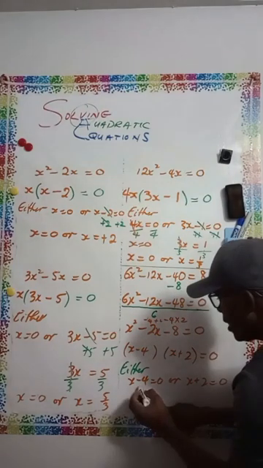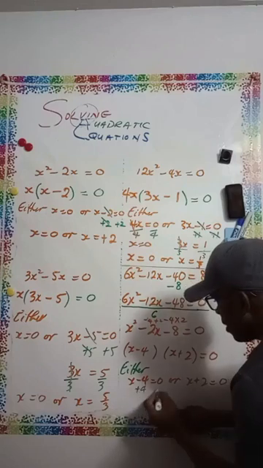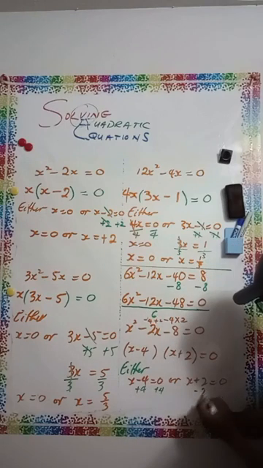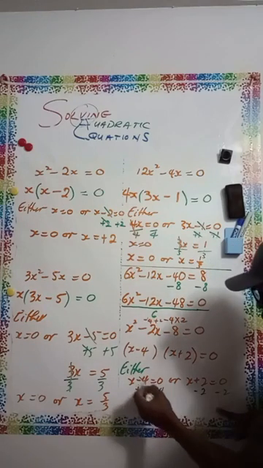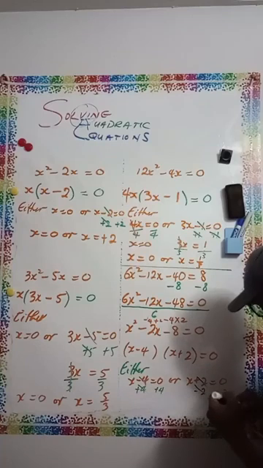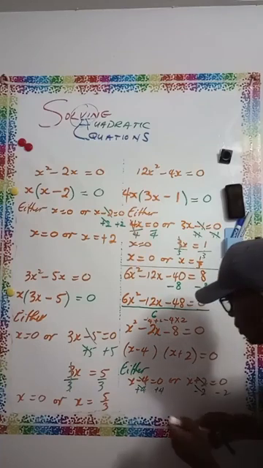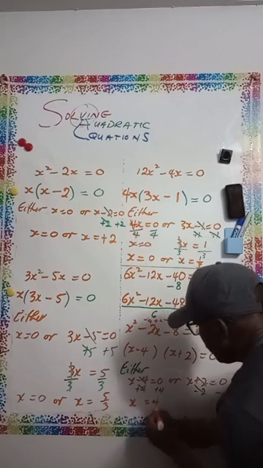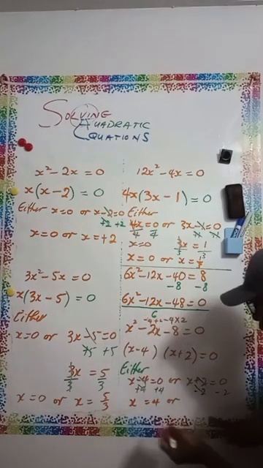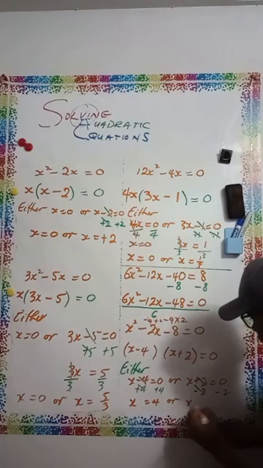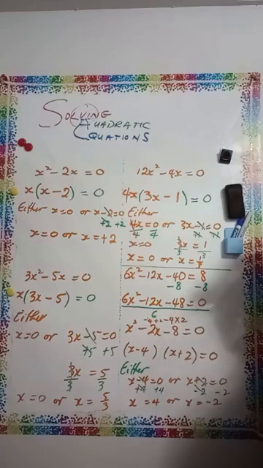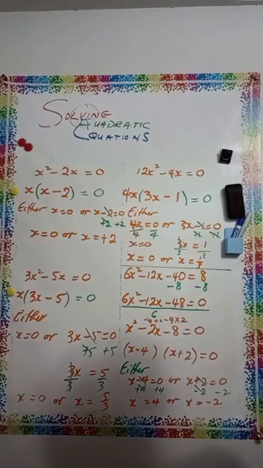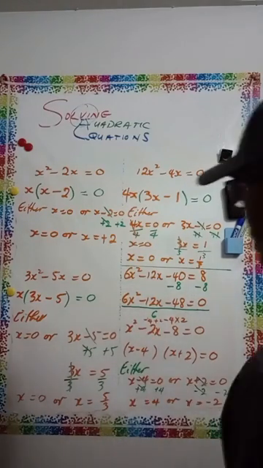I'm going to add 4 here and subtract 2 here. These two going to go, these two going to go. So we can conclude and say what? What can we conclude and say? That either x is equal to 4 or x is equal to negative 2. And this is how basically you solve a quadratic equation of this sort.